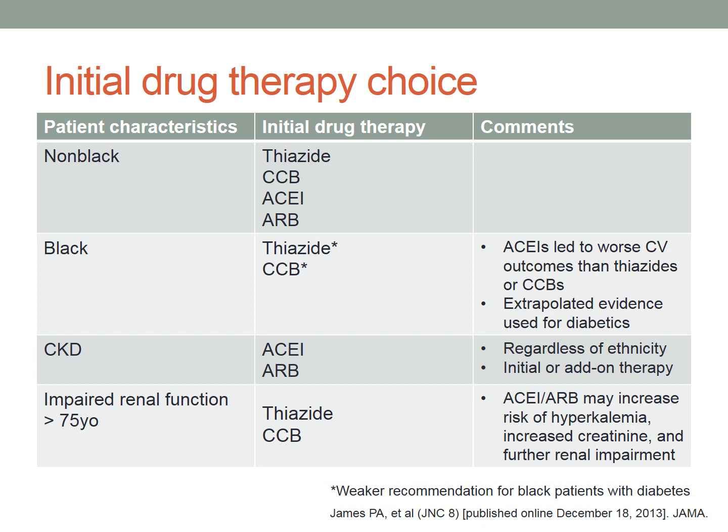So those agents might actually need to be discontinued for safety reasons. For this reason, in this group of patients, a thiazide or calcium channel blocker is also an option. You do need to be cautious with the degree of renal dysfunction in using a thiazide diuretic, though, for efficacy reasons. We'll talk more about that when we talk about thiazide diuretics in particular.